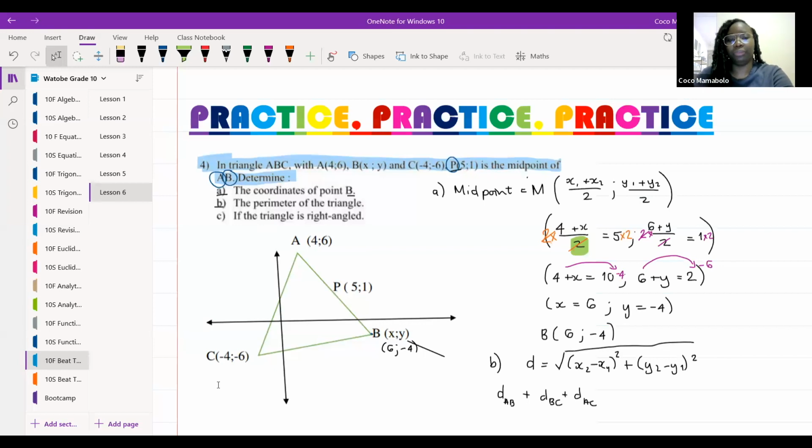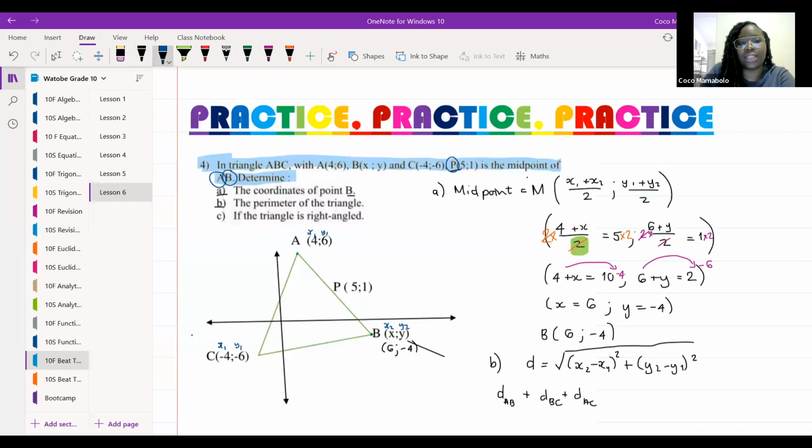Okay, Chifaro, you need to find the distance of this side. Find the distance of AB. Use the distance formula. Remember, you get to choose which one is X1. We're going to call this one X1 and Y1, and this X2 and Y2, and then we're going to use the distance formula. After you figured that out for BC, you can call this one X1 and Y1.